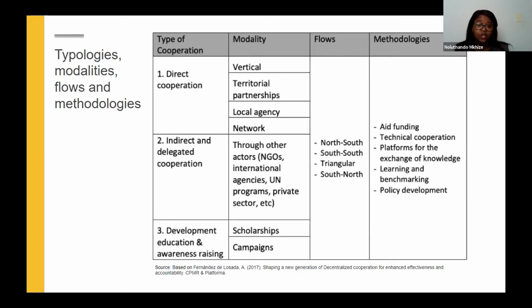Now, in today's context, you'd find that more recognition is given to partners in the less capacitated context and limited resources. So today, I will be covering the types of cooperation, namely your direct cooperation, your indirect and delegated cooperation, as well as development, education, and awareness raising, together with the related modalities. Insofar as the flows and methodologies are involved, I will leave it to be addressed a bit later. Can we go to the next slide, please?